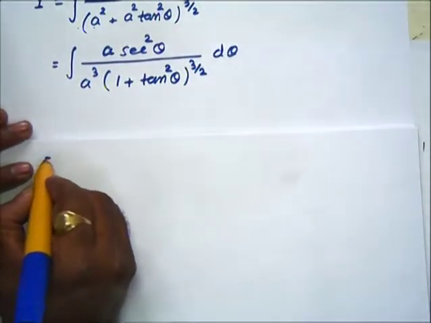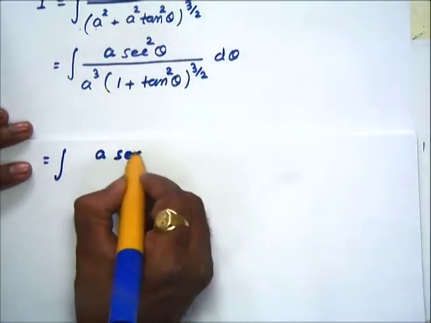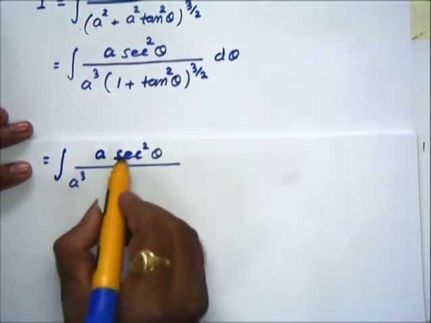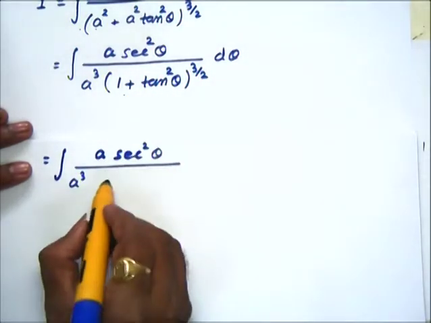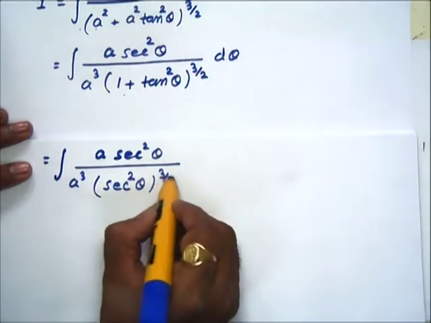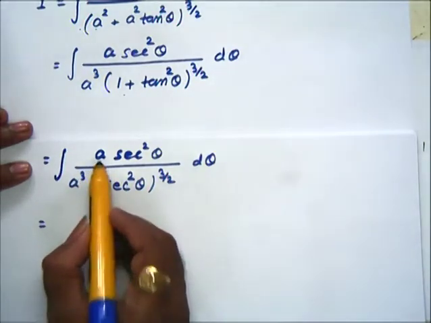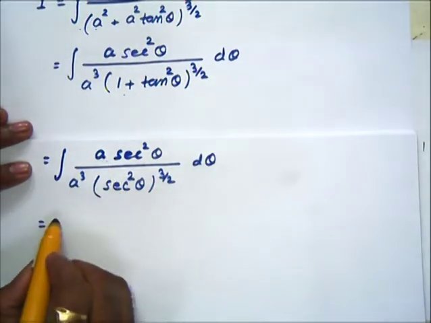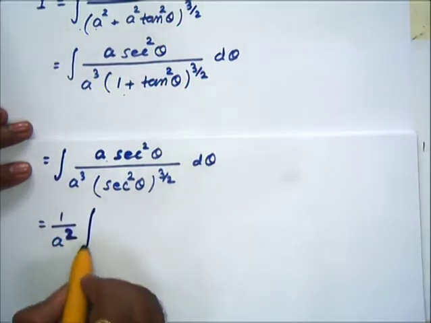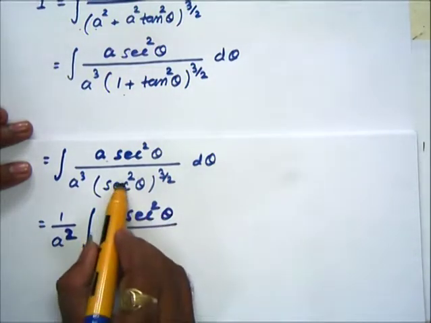Now this is equal to integration a sec square theta upon a cube. 1 plus tan square theta is sec square theta. So sec square theta whole raised to 3 by 2 d theta. See, here it is a and this is a cube. So one a will be cancelled out. So the remaining term is 1 upon a square integration sec square theta upon sec square theta raised to 3 by 2.